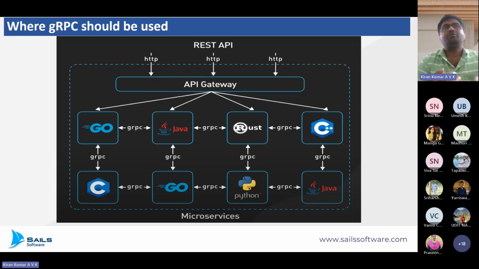Even if you have multiple inter-microservice calls, gRPC will reduce the latency of your actual request from UI to API, because inter-microservice communication is much faster than JSON over HTTP-based REST communication. So it definitely reduces your latency.